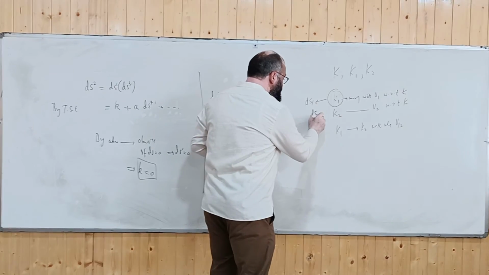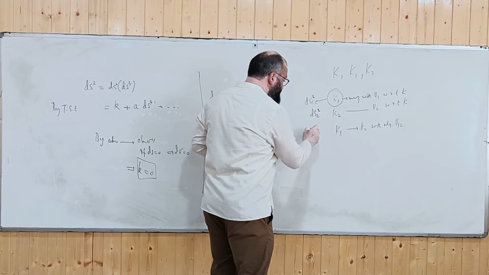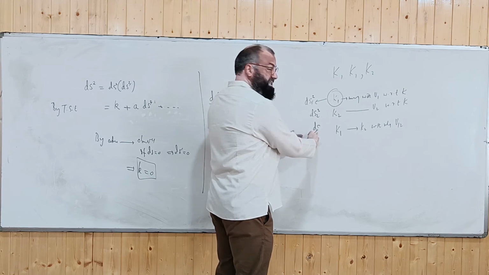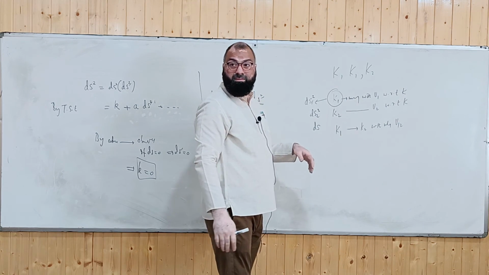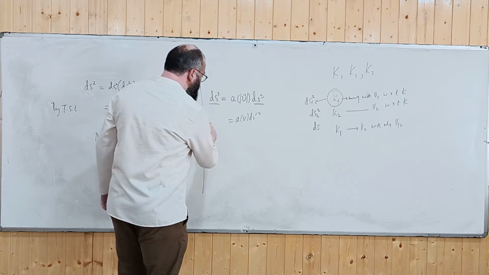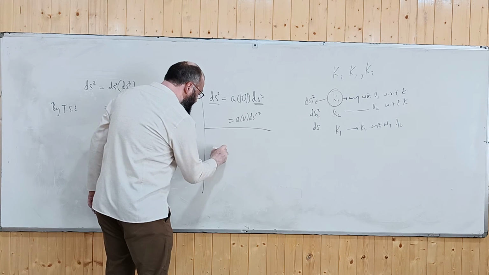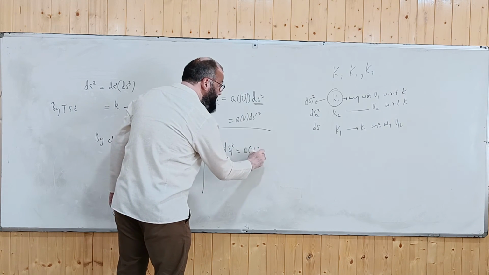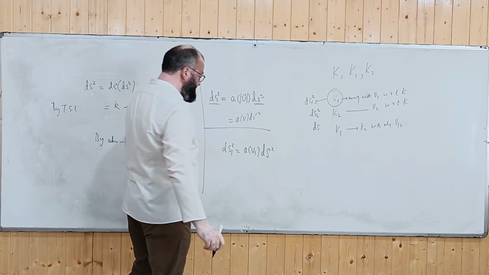Here I will be having ds2, and ds1 square. I will also have some element with respect to the second frame. Clear? So now let's write using this very form. I can write this ds1 square as A of V1 ds square.